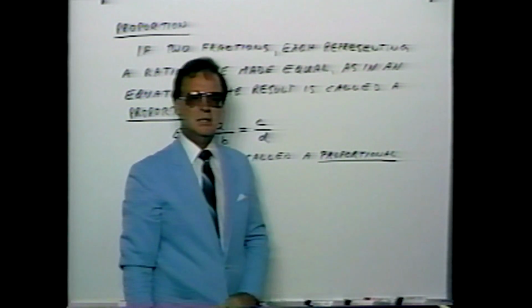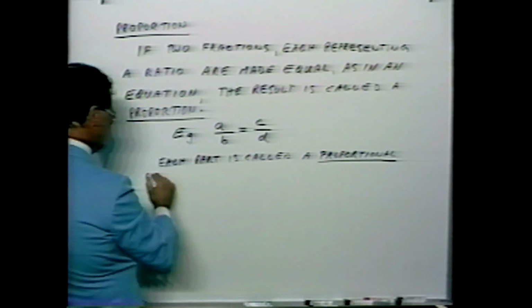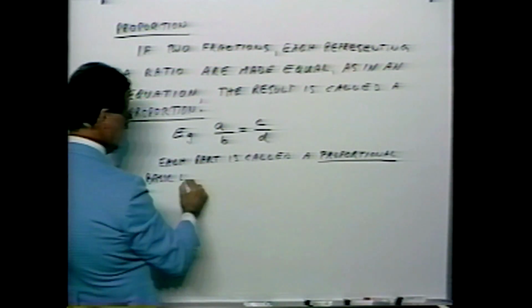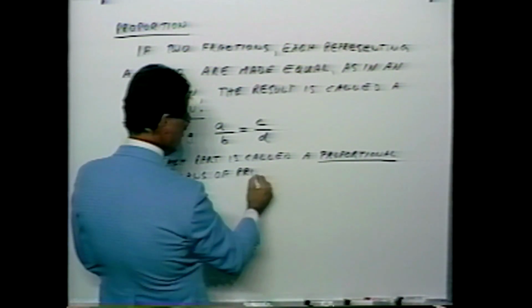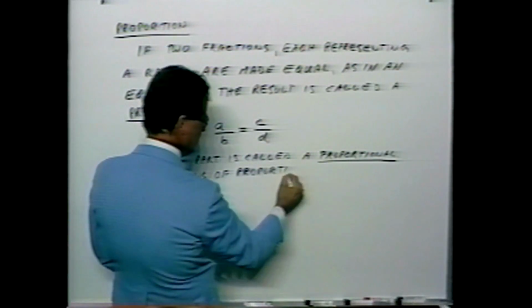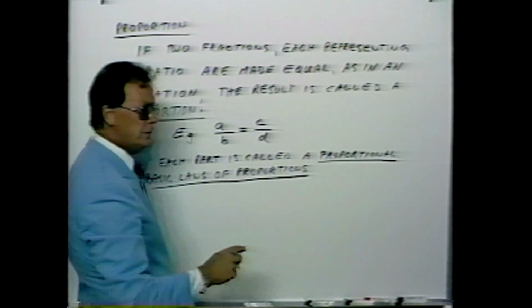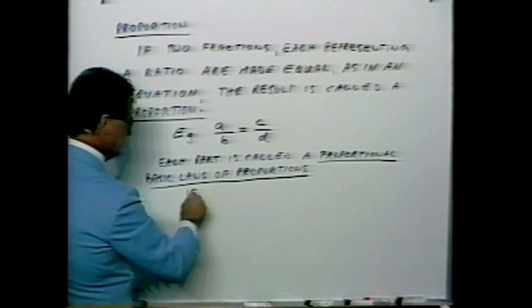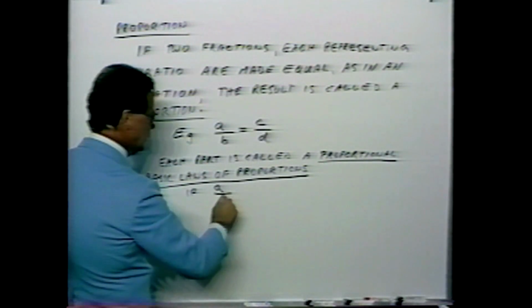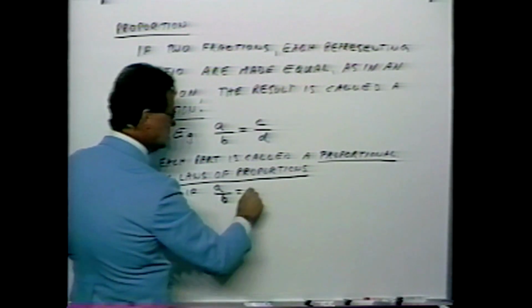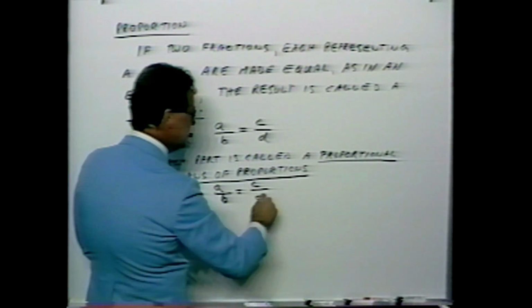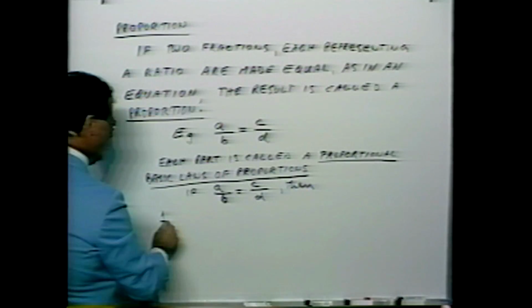Here are some basic laws of proportions. If A over B equals C over D, then 1.